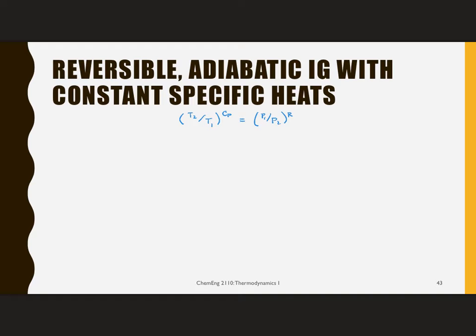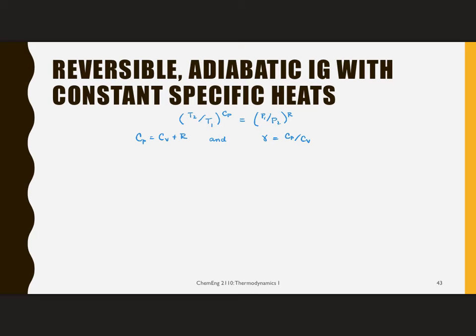Now we also know that C sub P is equal to C sub V plus R, and we can define gamma as C sub P over C sub V, simply a ratio of those two. For air, this value is 1.4, and it typically is in the vicinity of that value.